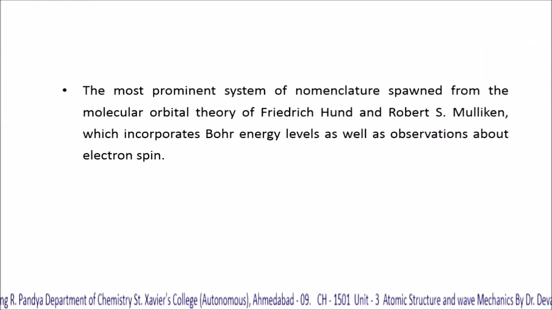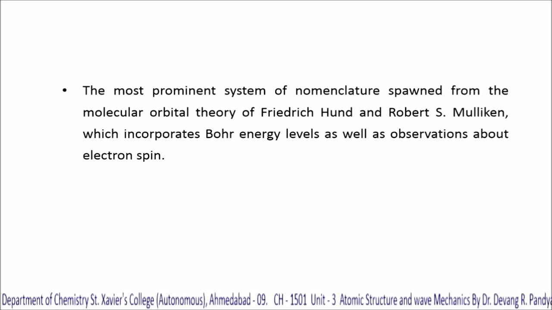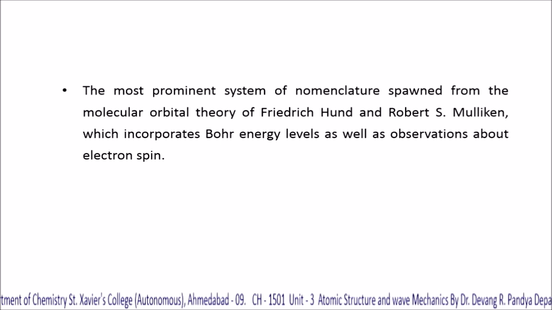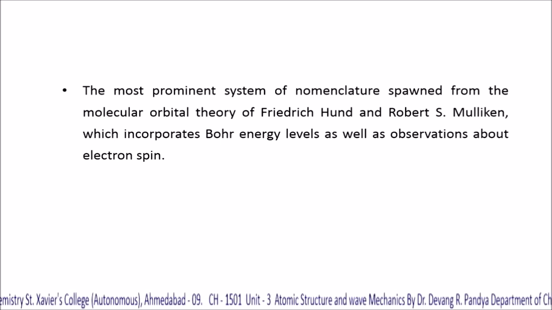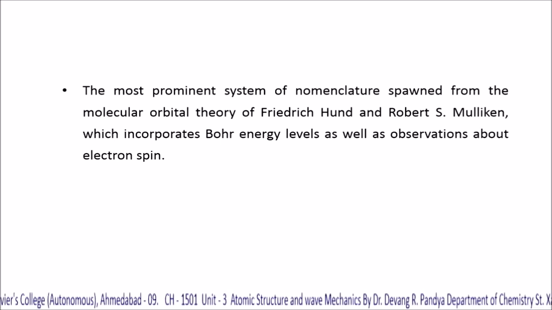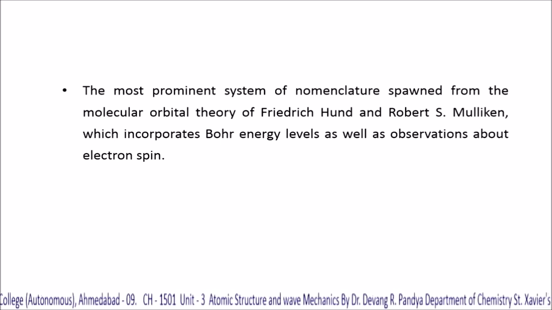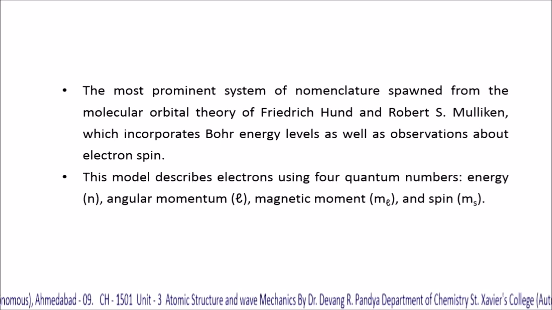The most prominent system of nomenclature spawned from the molecular orbital theory of Friedrich Hund and Robert S. Mulliken, which incorporates Bohr's energy level as well as observations about electron spin.